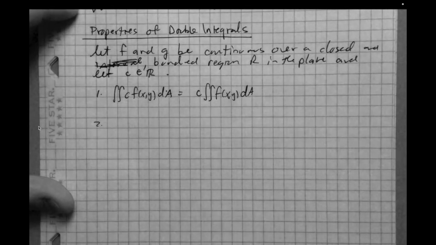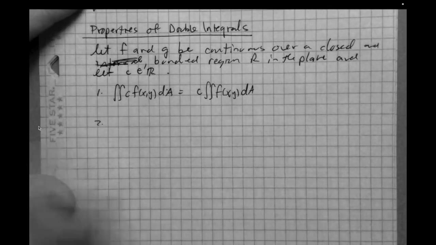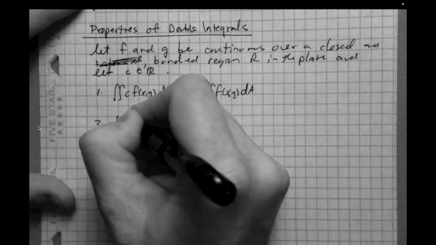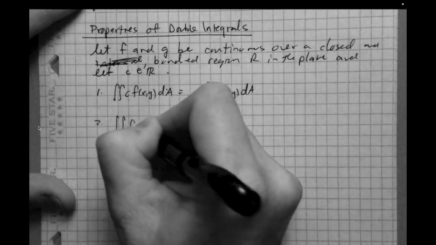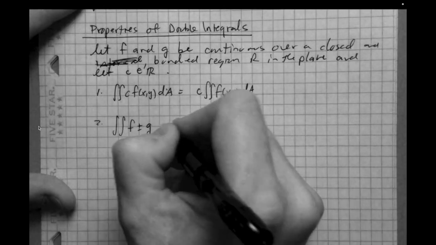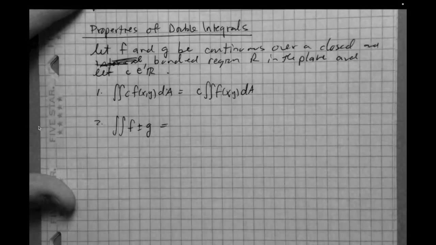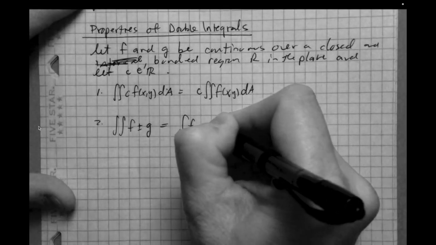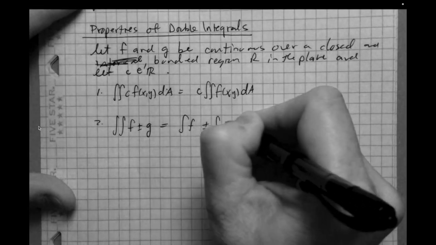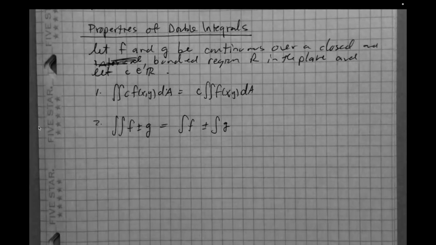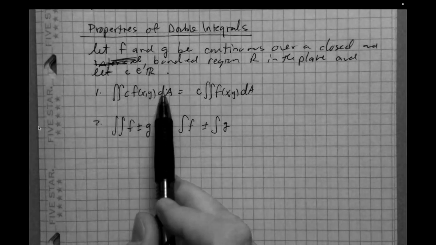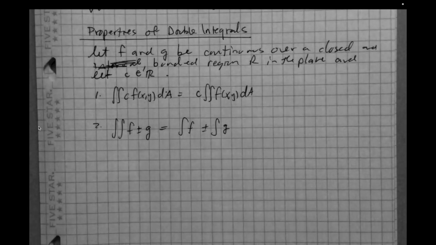The sum or difference of two functions inside the double integral can be broken apart. So if I've got f plus or minus g, that's going to be equal to the integral of f plus or minus the integral of g. Again, I'm abbreviating, so this is all the same notation, just cut down a little bit.